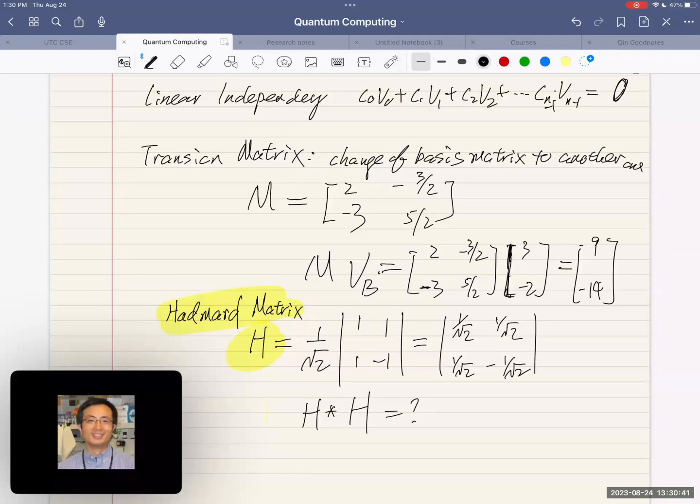So this will be the Hadamard code, and we can just use the 1, 1 to see how that works.